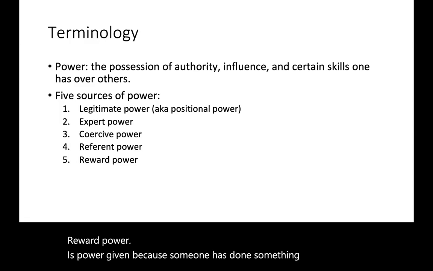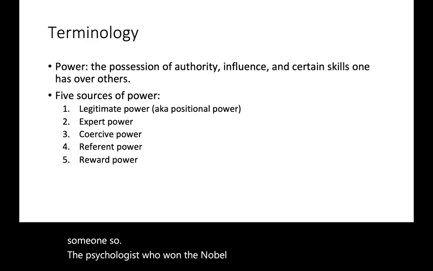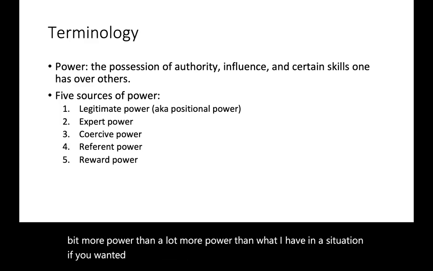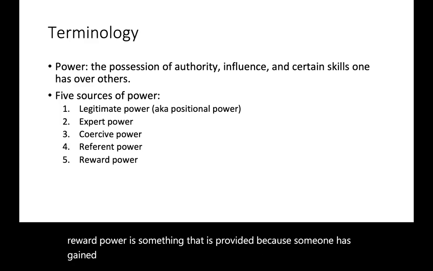Okay, the psychologist who won the Nobel Peace Prize probably has a little bit more power, not a lot more power than what I have, in a situation where you wanted to listen to that individual about something else. So reward power is something that is provided because someone has gained some type of notoriety, and then we give them more power over us.